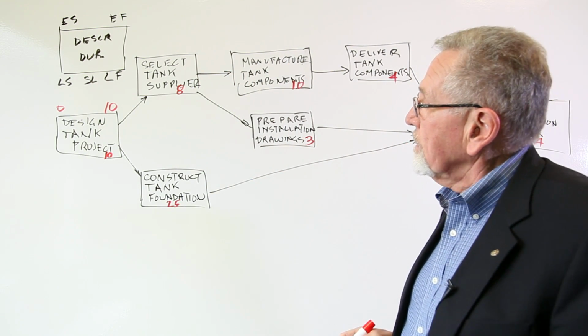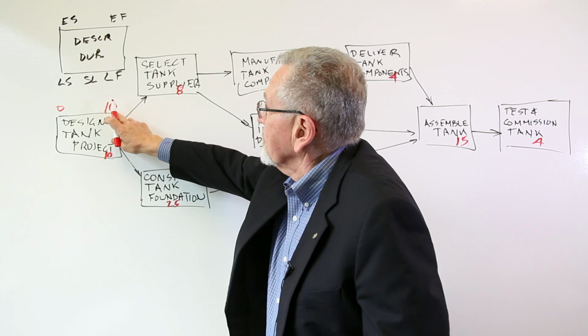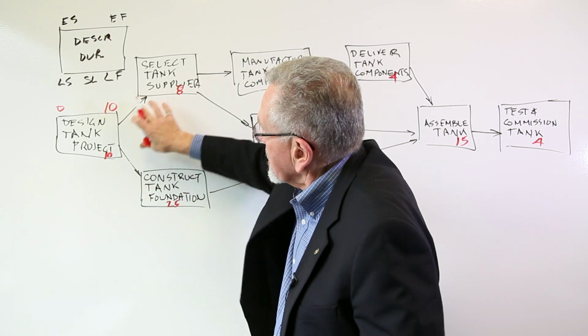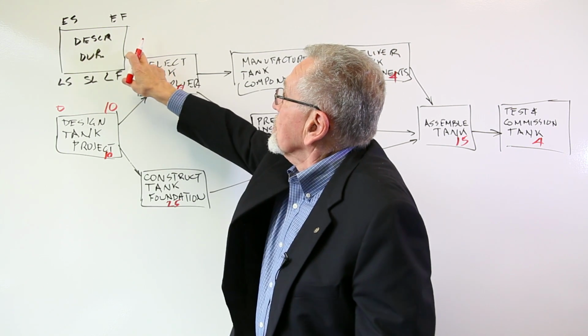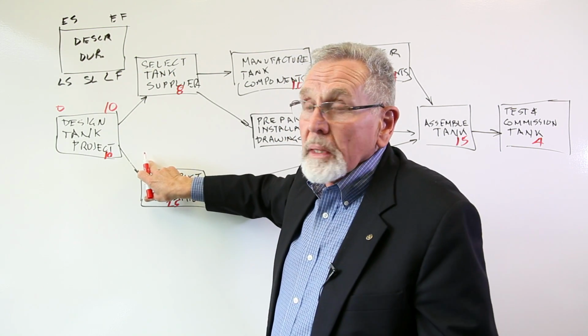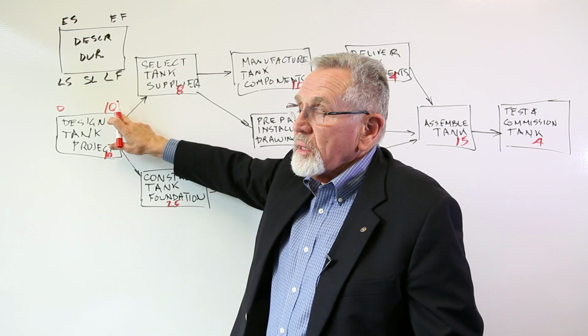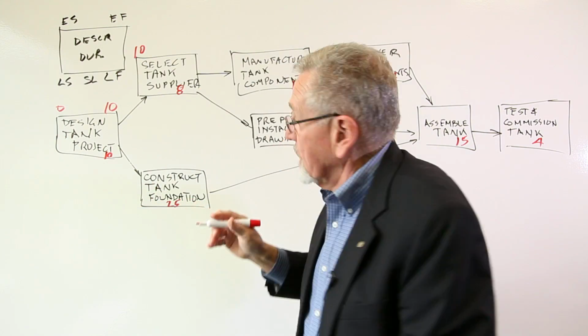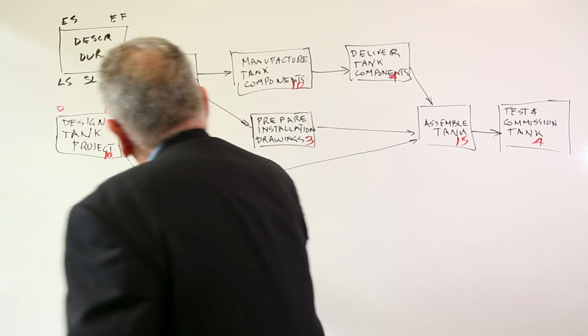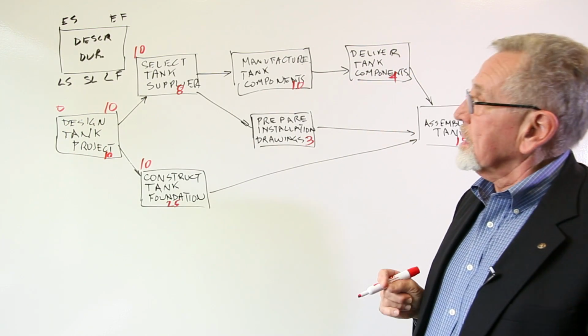Couldn't be simpler, okay? Now that early finish for this predecessor activity, the predecessor for these two activities, determines the early start for these two. So if it can finish at time 10, that means selecting the supplier can start at time 10, as can the task of constructing the tank foundation.